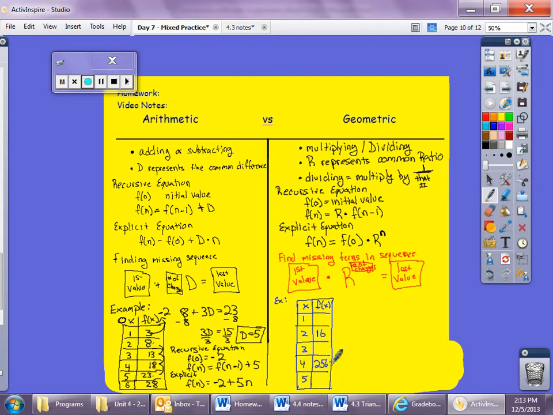So once again, given a table, we can find the missing terms in our sequence, get our recursive equation, and then write the explicit equation.